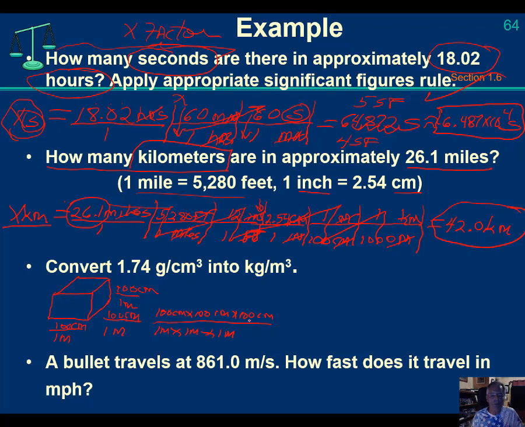These two volumes are absolutely equivalent to each other. And so this would equal 100 cubed centimeters cubed divided by 1 cubed meters cubed.